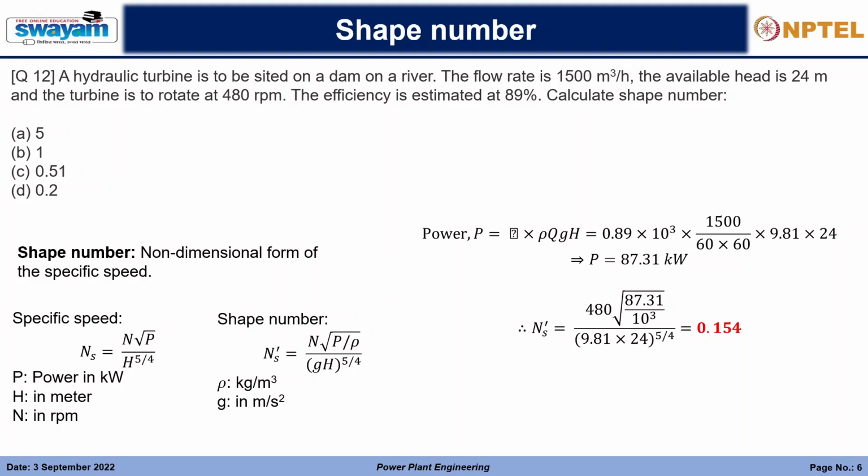There would be one question, and related to it a lot of joining question parts. Shape number is a very small thing to calculate here. But suppose you do not know the power, so there will be a lot of questions related to only one question. Like question numbers 13 to 15 are based on one question. Something like that would come.